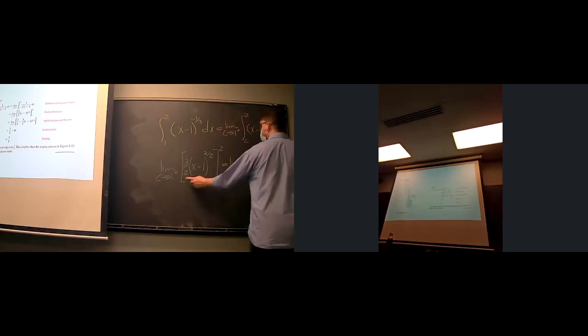As c goes to 1 from the right of, plugging in 2 first, we're going to have 3/2 times 2 minus 1, which is just 1, raised to the 2/3, which is still 1, minus 3/2 times c minus 1 raised to the 2/3.